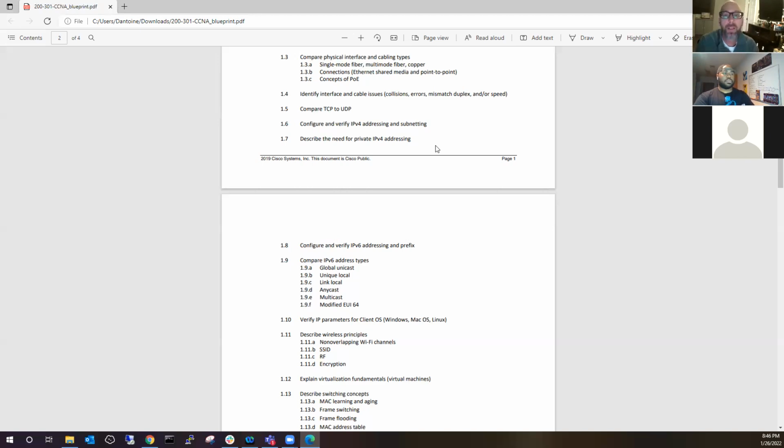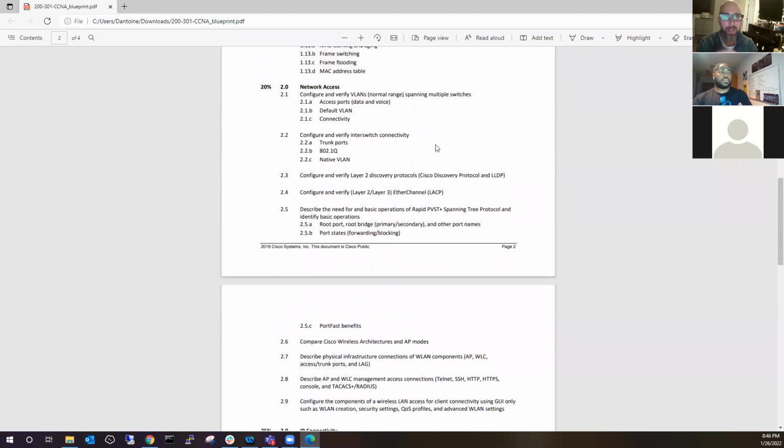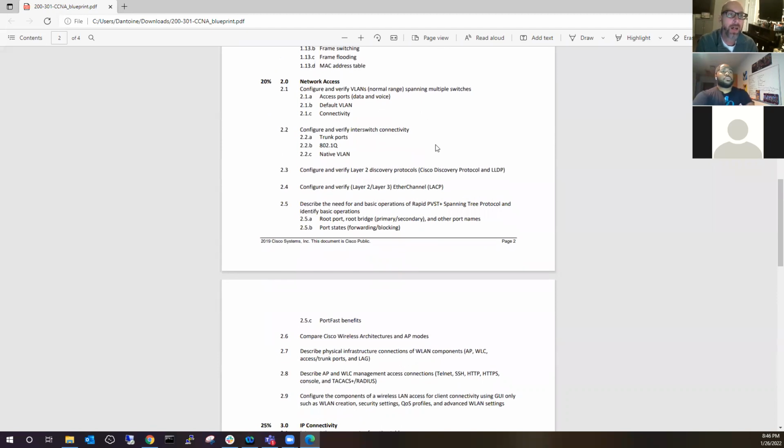Whereas UDP is more for like video or situations where we want to have a low overhead and we just want to pump that data. It's okay if we're missing out on some of the bits. And so HTTP and HTTPS are TCP, whereas DHCP and a couple others are UDP.